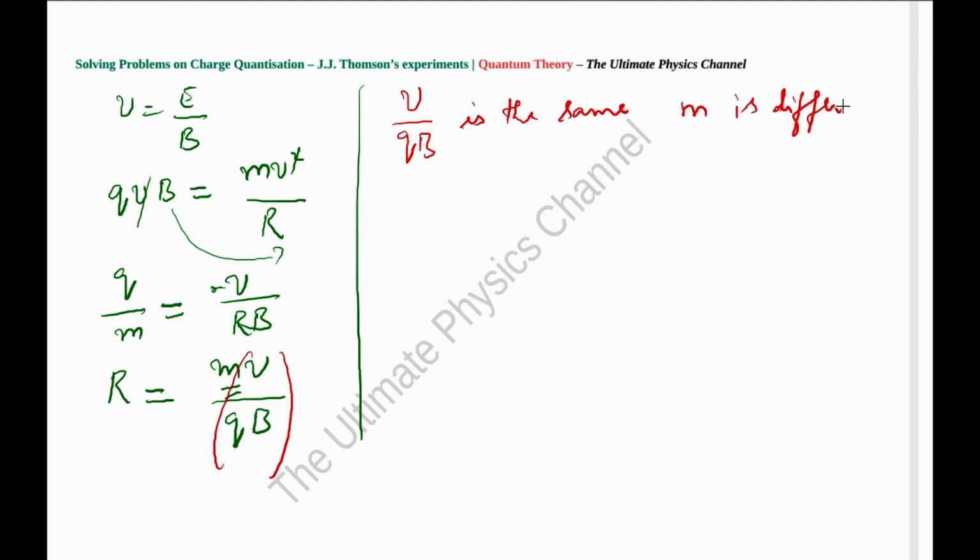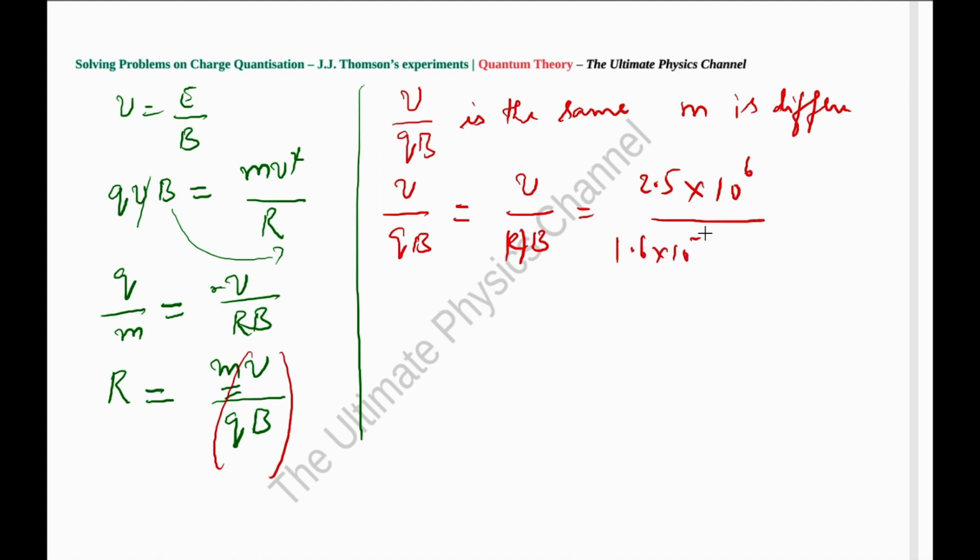So we can first calculate this term alone, V over QB, or V over eB, so to say, magnitude wise, right? And therefore V is given as 2.5 × 10^6 meters per second. The charge is 1.6 × 10^-19 coulomb. Times the magnetic field in this particular case is given to be 0.40 Tesla.